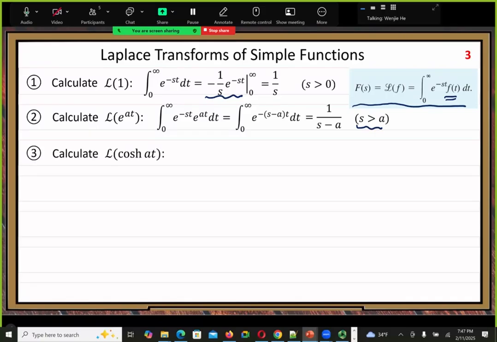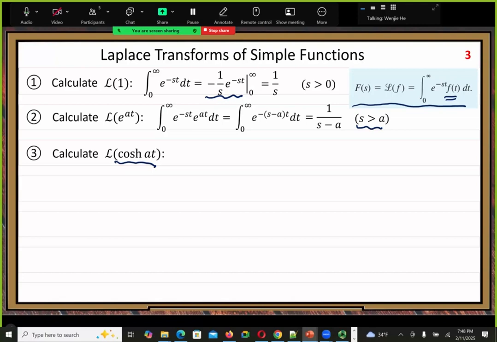The third one, this time, hyperbolic. So look at this function. We call it the hyperbolic function. In calculus, you learned this hyperbolic function. So it's not cosine, but the hyperbolic cosine function.